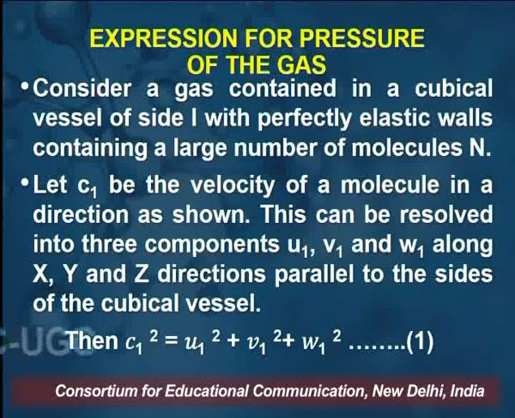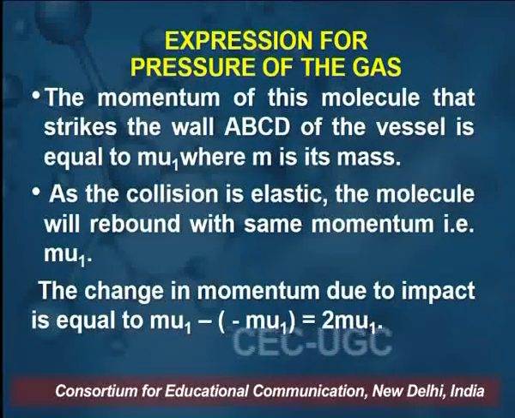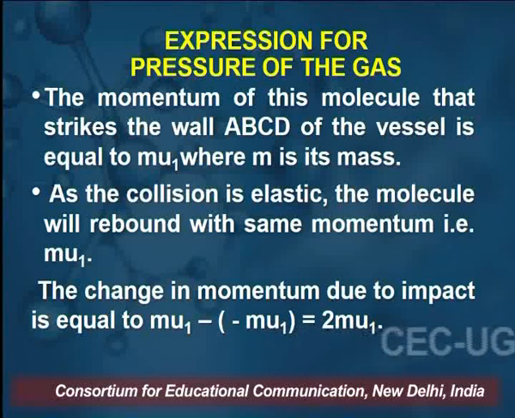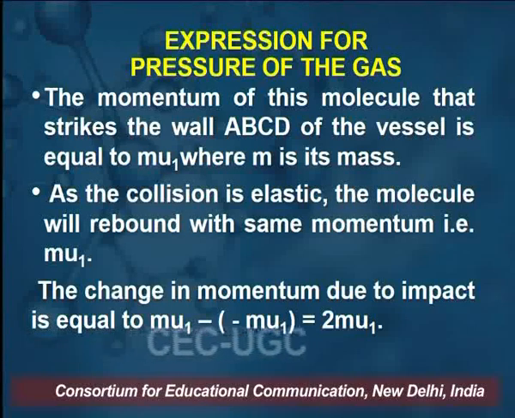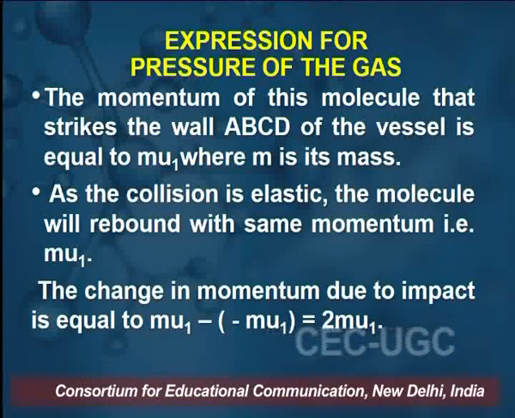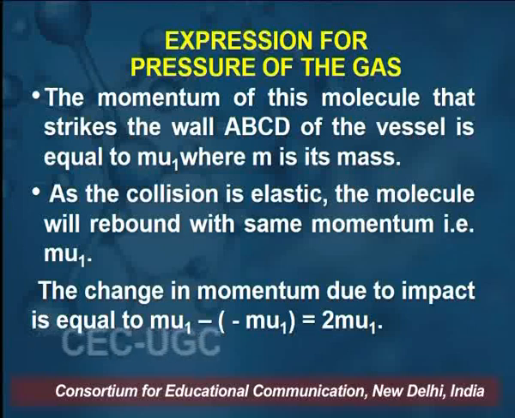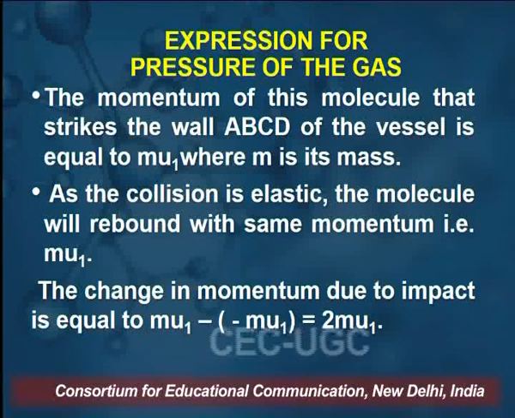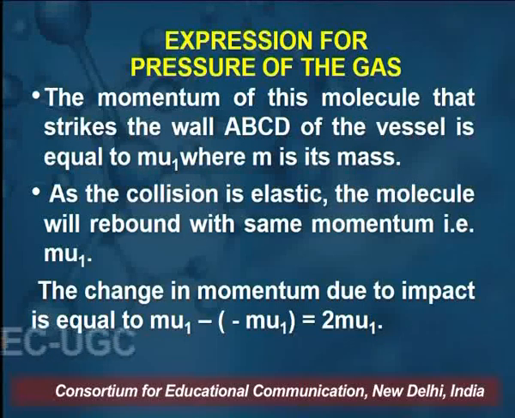Call this expression 1. The momentum of this molecule that strikes the wall ABCD of the vessel is equal to mU1, where m is its mass. As the collision is elastic, the molecule will rebound with the same momentum, that is mU1. The change in momentum due to the impact is equal to minus mU1, which gives us 2mU1.